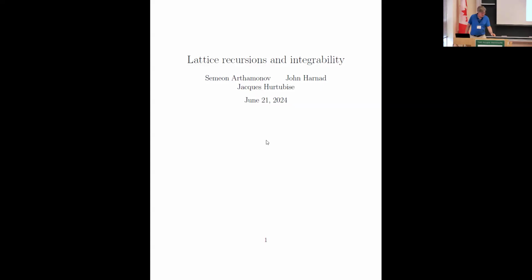So, I'm talking about a subject where the symplectic aspects are just a vague memory by the time you get to this, but it's linked to the KP equations.